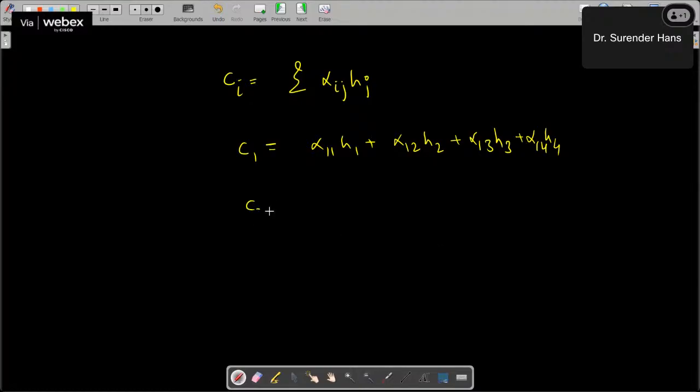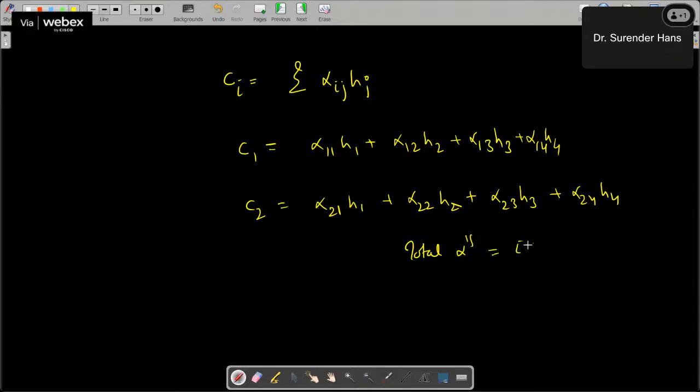And C2 you can write as alpha 21 h1 plus alpha 22 h2 plus alpha 23 h3 plus alpha 24 h4. And the total number of alphas is equal to I cross J.